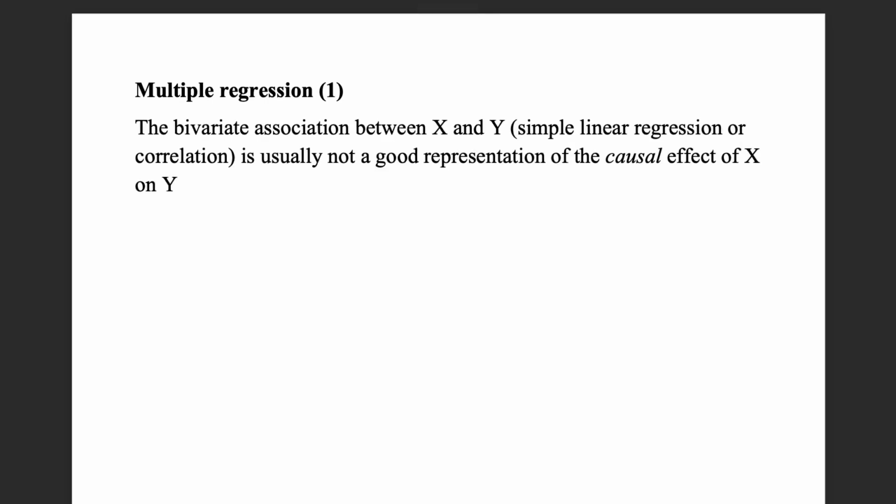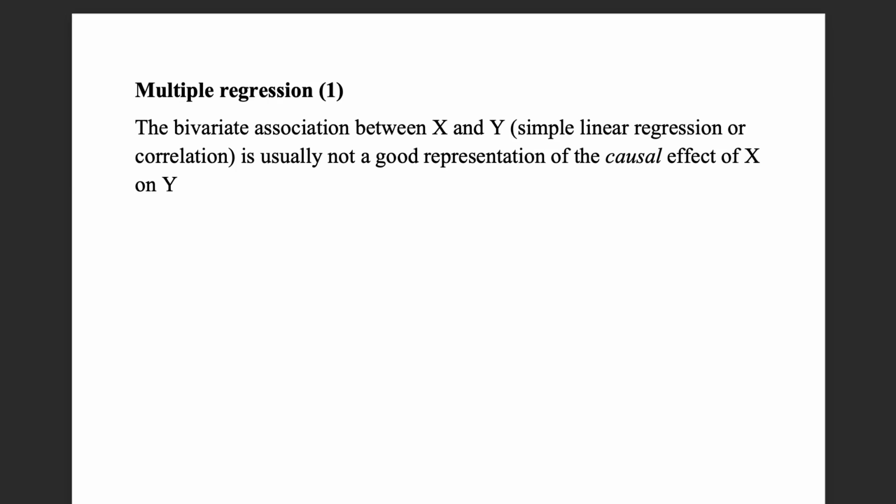And why is that important if we talk about causal effects? Well, if you're just looking at the bivariate association, bivariate referring to two variables, bi for two and variate for variables, the bivariate association between X and Y, so that would be either a simple linear regression model or the correlation coefficient, again basically the same expressed on different scales, is usually not a good representation of the actual causal effect of our independent variable on our dependent variable, because we usually work with observational data.